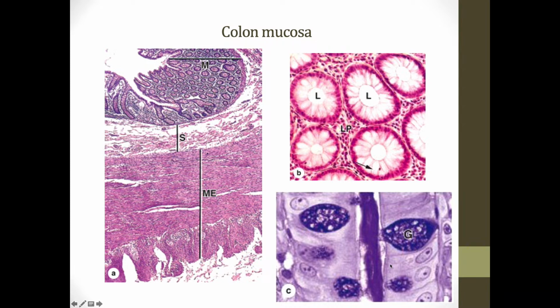In the large intestine, enterocytes have another name. If the large intestine is the colon, these cells are colonocytes. They are also absorptive cells, but of course here absorption proceeds not as actively as in the small intestine.